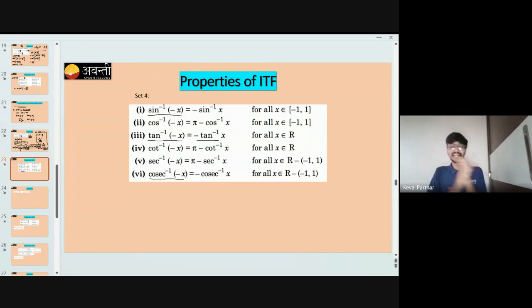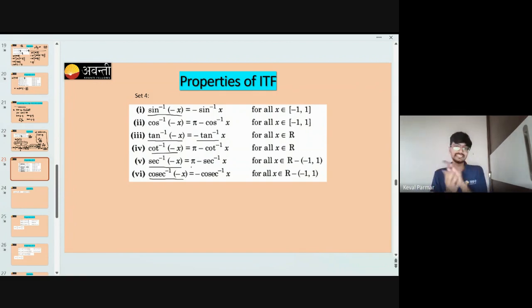The other three, cos inverse, cot inverse, and sec inverse: cos inverse of minus x is pi minus cos inverse of x. Please note this, pi minus cos inverse of x. Similarly, cot inverse of minus x is pi minus cot inverse of x, and sec inverse of minus x is pi minus sec inverse of x.